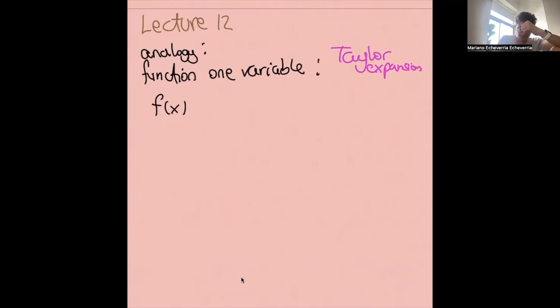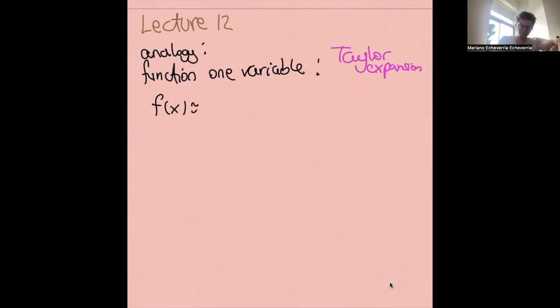It doesn't matter where you do the expansion about, under certain hypotheses, of course, but for convenience it's sometimes easier to write it with respect to zero.